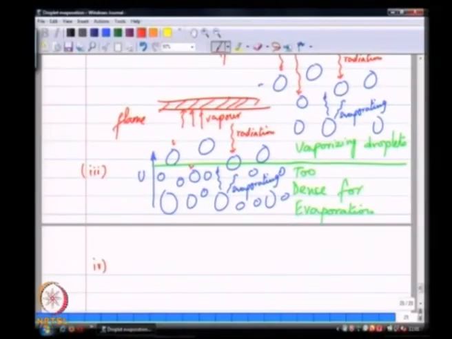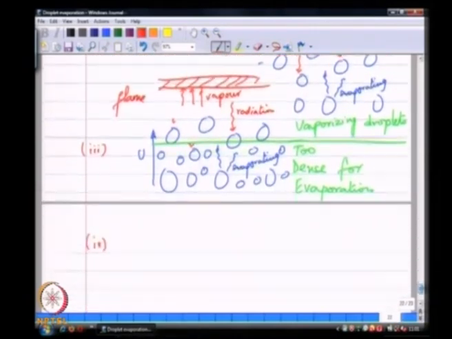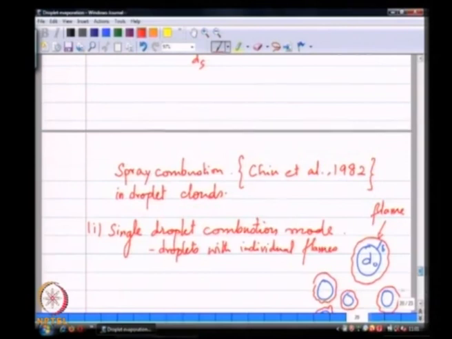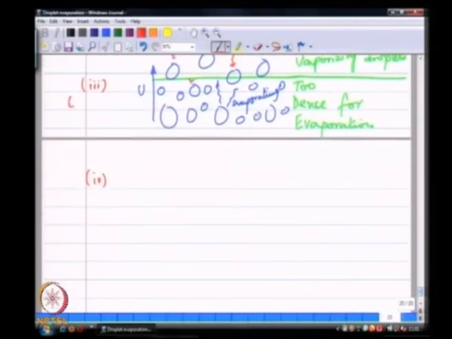The fourth regime, this mode of spray combustion, is called external group combustion, and this is also an external group combustion.